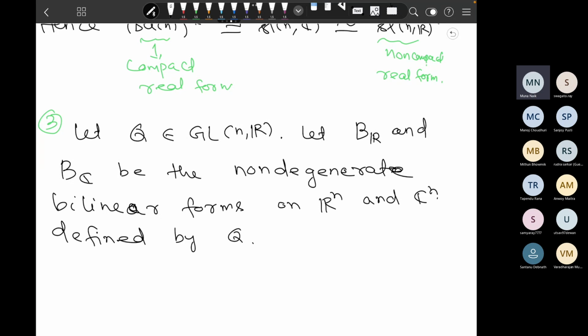Given any matrix in GLNR, you can construct a bilinear form by this Q.